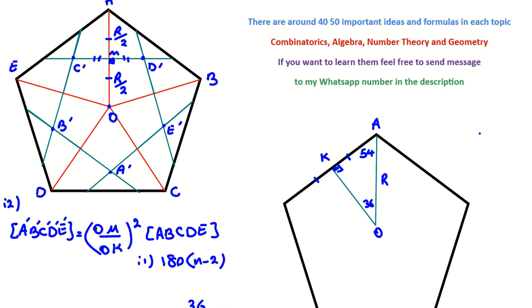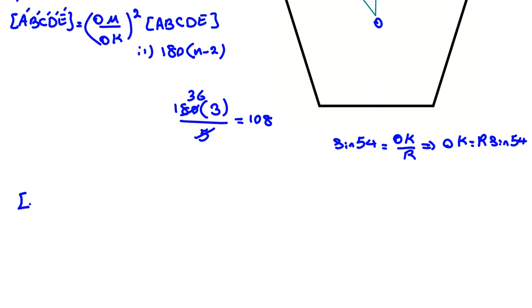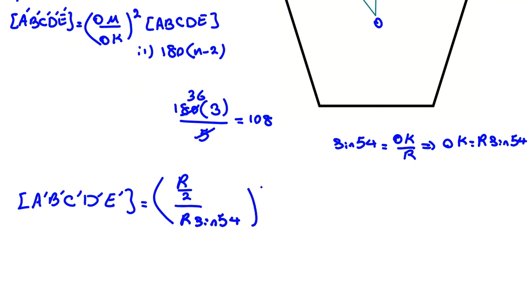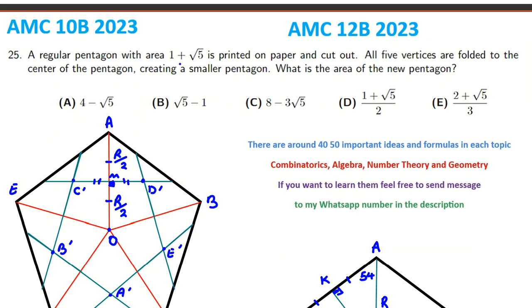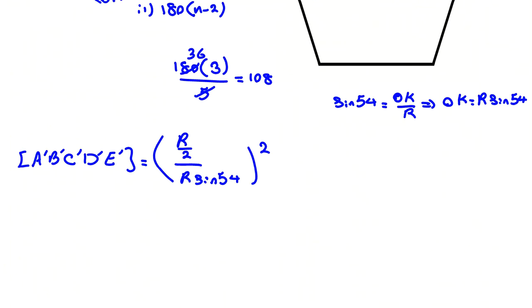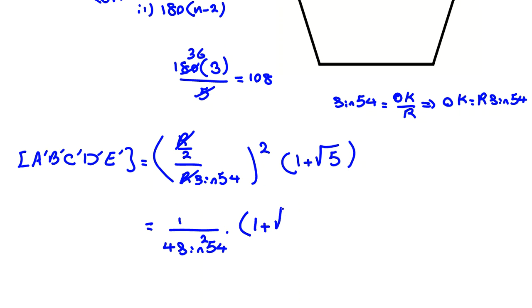OM is R over 2, and OK is R times sine 54, so the area is (R over 2 over R times sine 54) squared times the area of ABCDE. The area of ABCDE is 1 plus root 5. We can cancel R, so it will be 1 over 4 times sine 54 squared, times 1 plus root 5. Now we should calculate sine 54 squared.